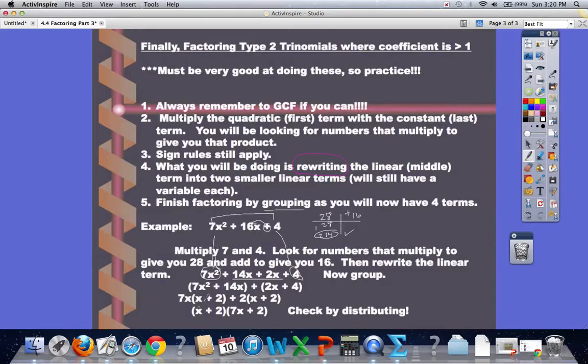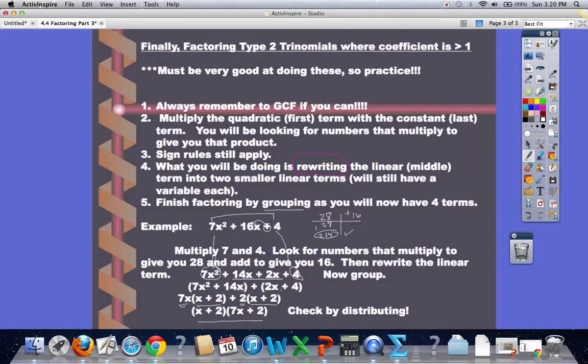And remember, with grouping, you want these parentheses to be the same, and they are, so you know you're on the right track. Then you just bring down one of the duplicated ones and put your leftovers together. That makes the 7x plus 2. And this is completely factored. You can check it by distributing and see that it works.